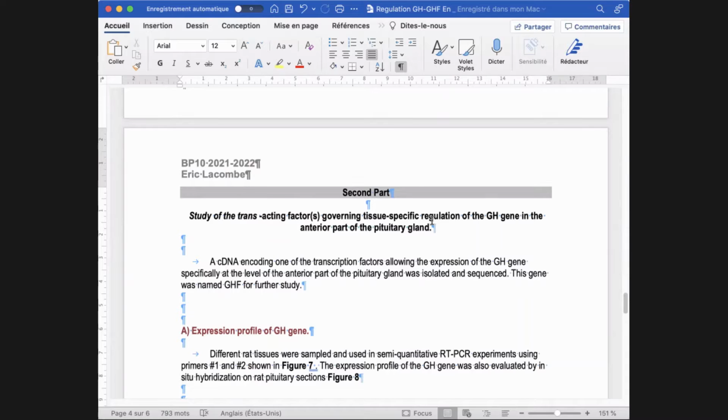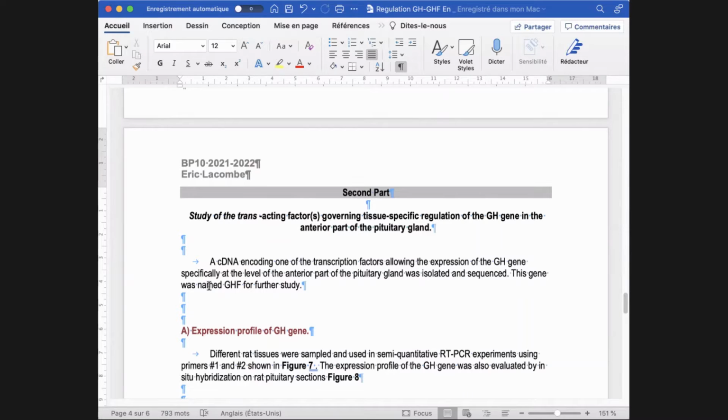Last lecture, I explained to you the 2 strategies to be able to clone the cDNA corresponding to this transcription factor. So we saw 2 different methods: one that was using the yeast hybrid system, and the second one that was using classical biochemical purification.